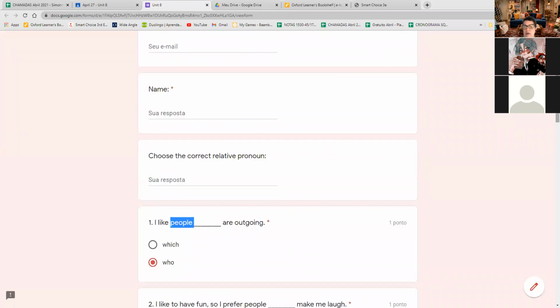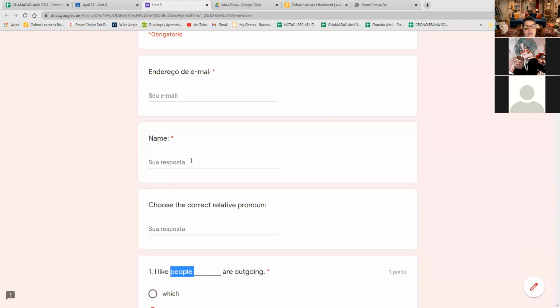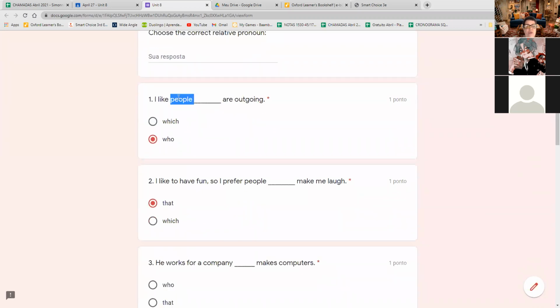Please write your email, your name, and here we are doing number three, but we've done numbers one and two. Okay, but try to open the link first. The first one was I like people who are outgoing. So when I'm referring to people, I must use who or that.